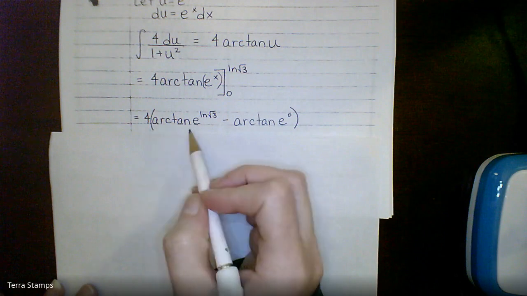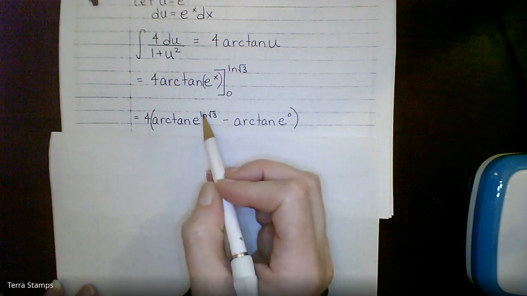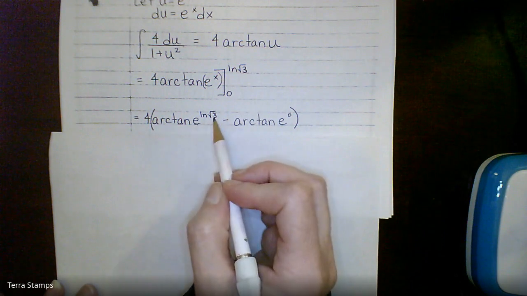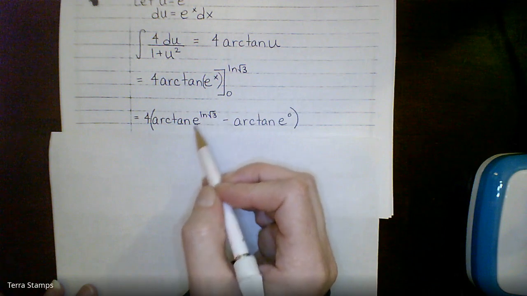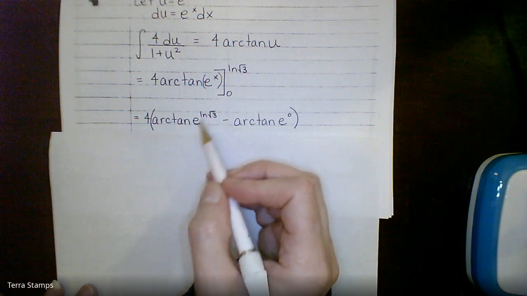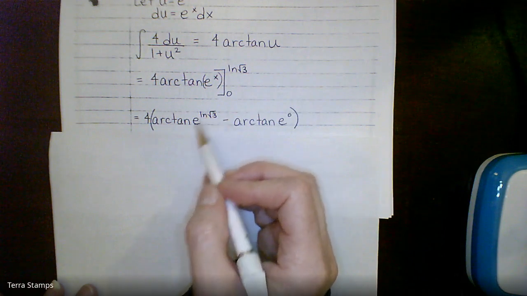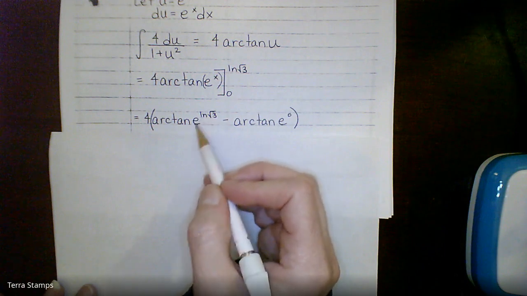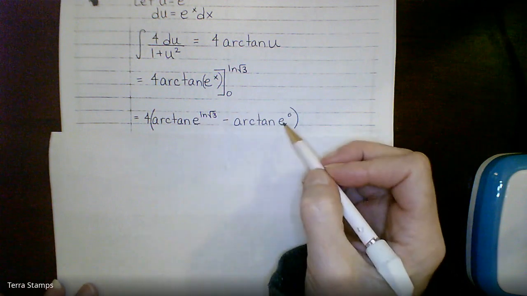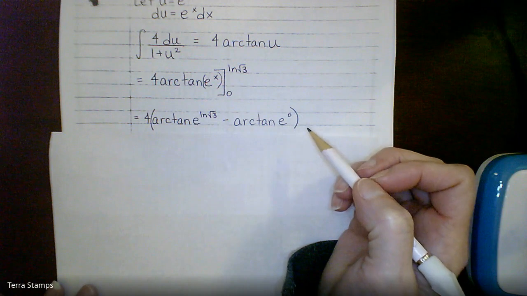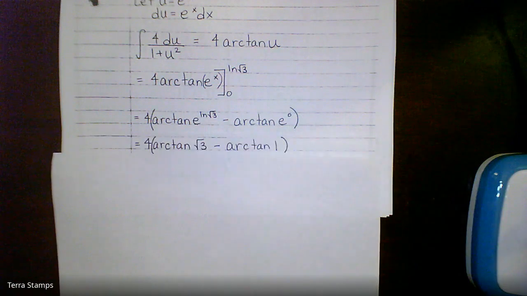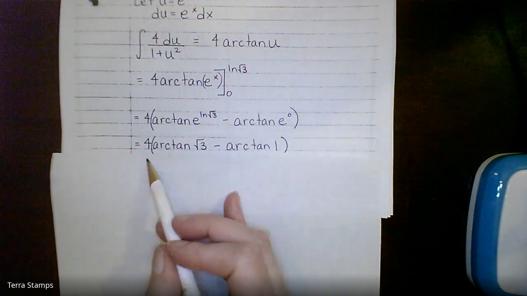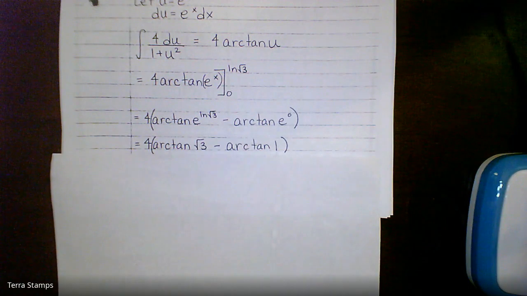Now, before we start doing this, look, e to the natural log of something, that e and that natural log are inverse functions. They undo each other. That's nothing more than just root 3 right there. And e to the 0, that's just 1. So that already simplifies into something a lot nicer.